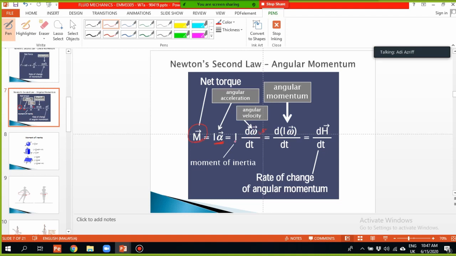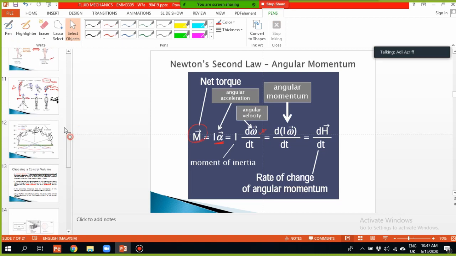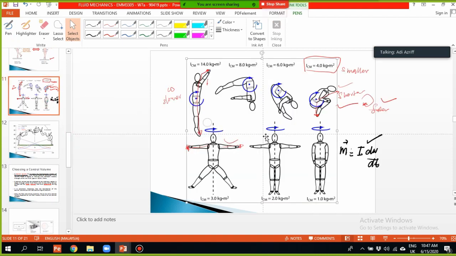So if you have a high moment of inertia, what happens is your omega will be lower. If you want a high omega, you need to reduce your I. So in order to make your rotation faster, you need to reduce your moment of inertia.